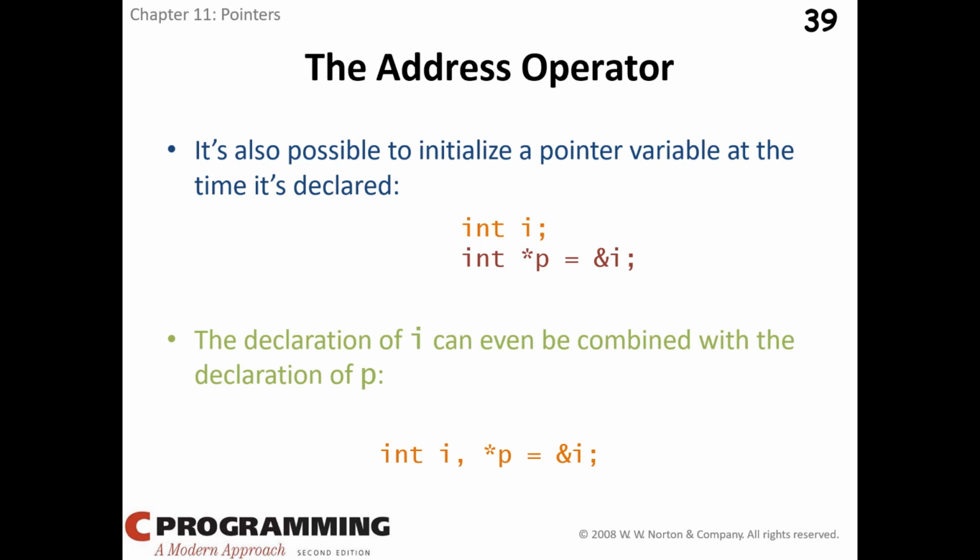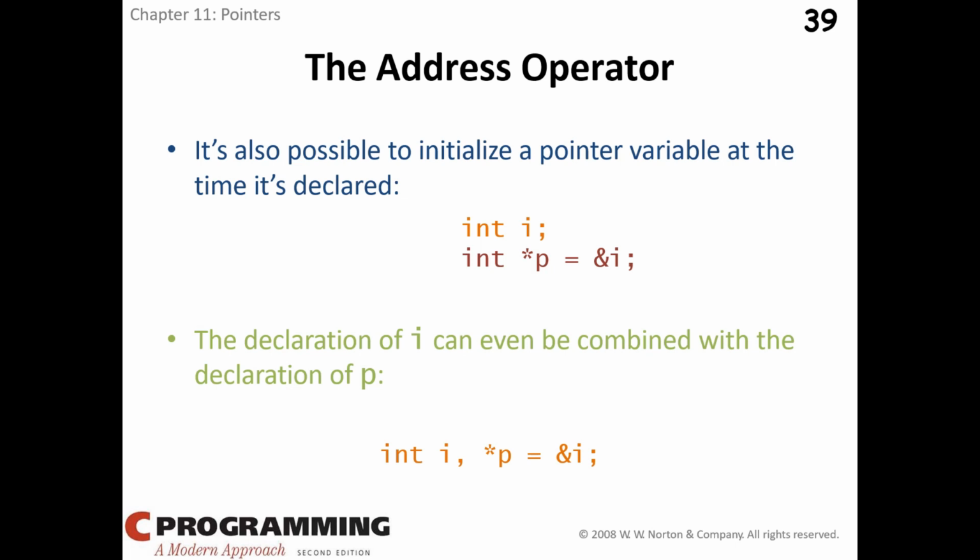And furthermore, we can combine the declaration of I with the declaration of p in a single line, like the one in the bottom. Here both I and p are declared in the same line, and p is initialized to point to I using the address operator or the ampersand.